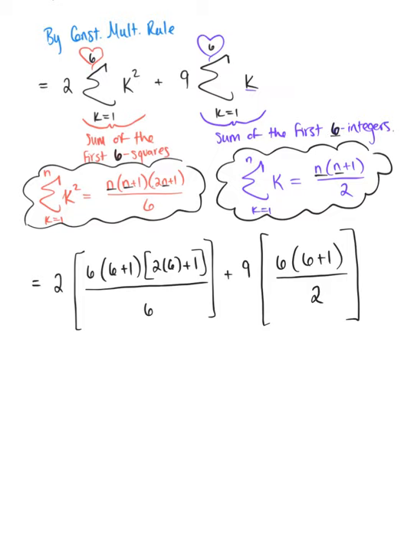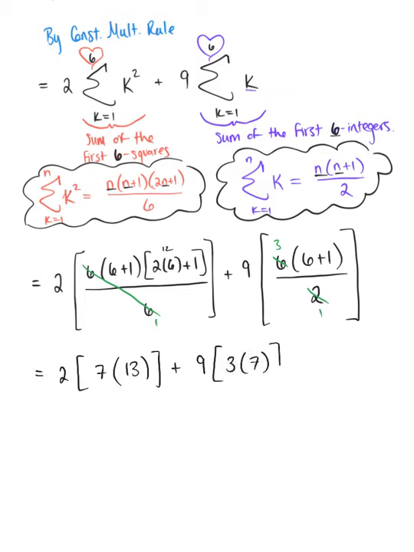And we have some nice simplification here, so we can see those 6's cancel each other out. We know that 2 goes into 6 3 times. So this is equal to 2 multiplied by 7 times, then we have 12 plus 1 is 13, plus 9 multiplied by 3 times 6 plus 1 is 7.